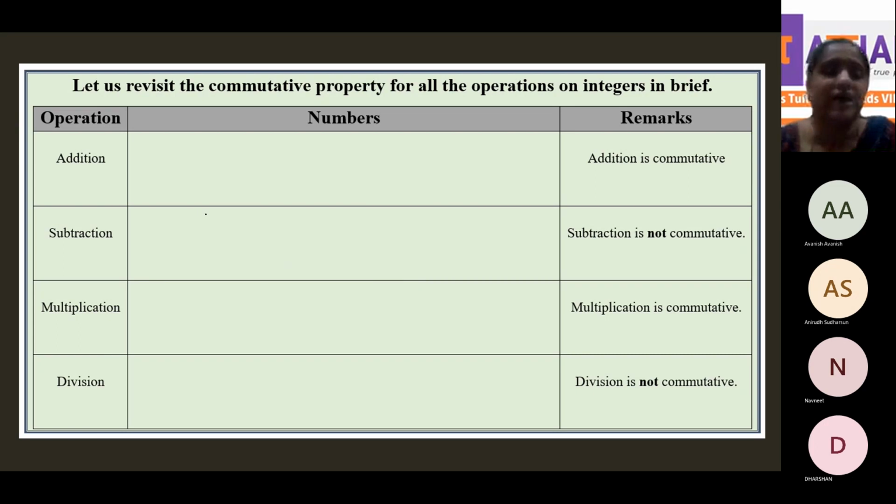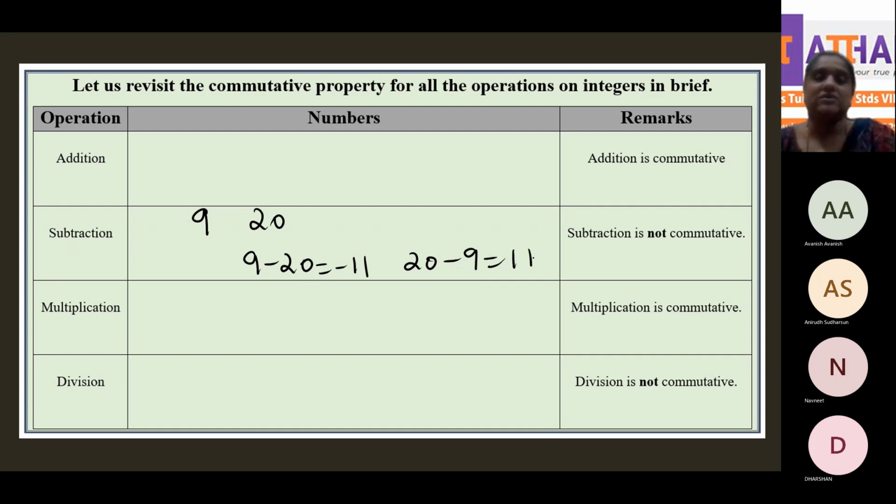Now, if you consider, say, 9 and 20: 9 minus 20 and 20 minus 9. Are they the same? No. What is 9 minus 20? It's minus 11. What's 20 minus 9? It's 11. This is a negative 11, there's a positive 11.